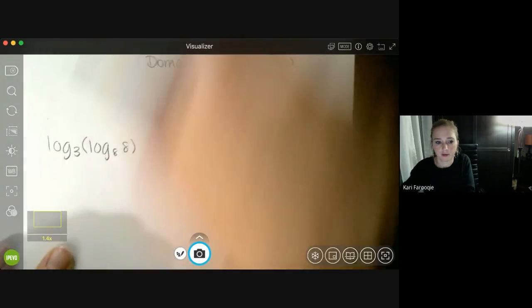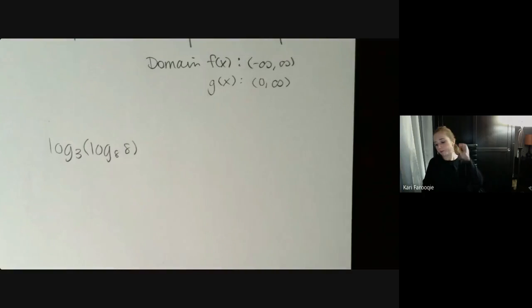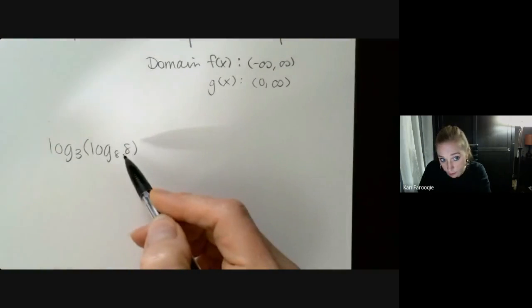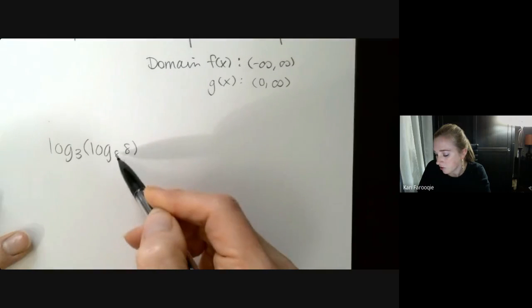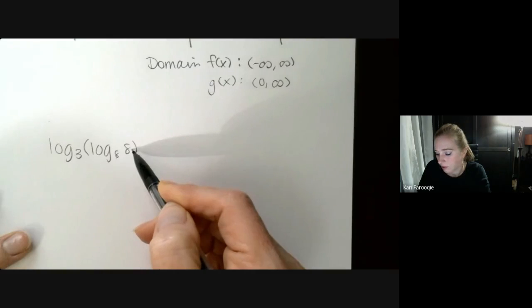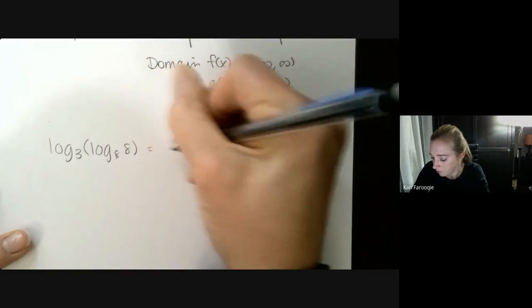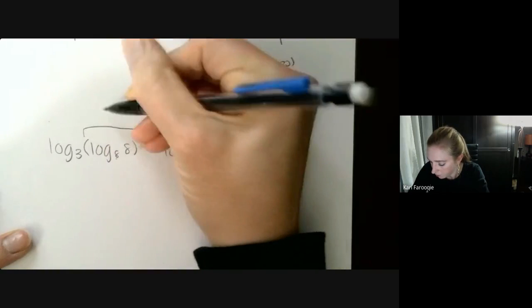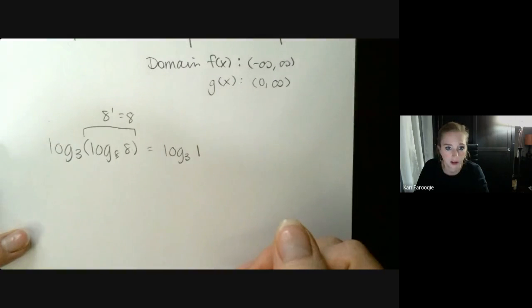Okay. Log base 3 of log base 8 of 8. Remember, you're asking yourself, first things first, you must start on the innermost function. You're asking yourself, 8 to what power is 8? So that would be 8 to the first gets you to 8. Because you have 8 to the first equals 8.